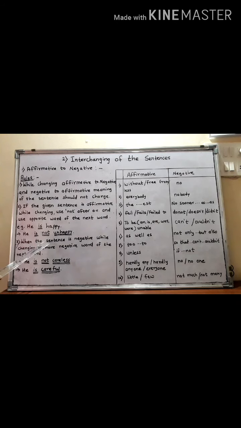Now we are going to change a negative sentence into a positive or affirmative sentence. Third rule, opposite of it. When the sentence is negative, while changing, remove the negative word and use the opposite of the next word. For example, he is not careless. Is is there, after that not is there, means it is a negative sentence.